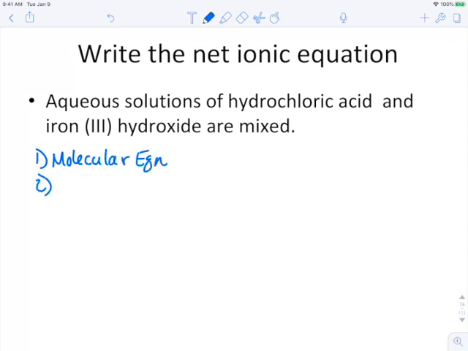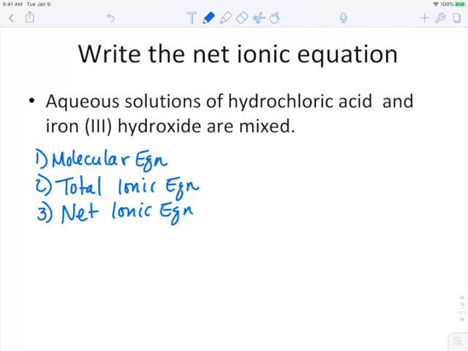Then you need your total ionic equation. You need your net ionic equation. And you'll also need to identify your spectator ions. And by the way, on a test, I would require that you show all of those steps.